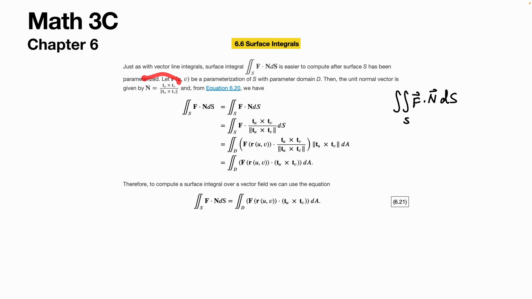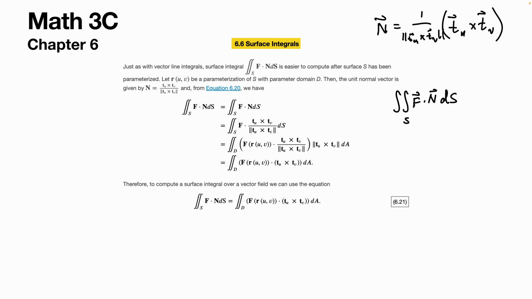And let's recall that we know what the unit normal vector is: we take the tangent vector in the u direction, cross with the tangent vector in the v direction, or the other way around, depending on the choice of orientation. And then we compute the size of that vector, take the reciprocal of that quantity and scalar multiply onto the vector. And then we are ensuring that we have a unit vector.